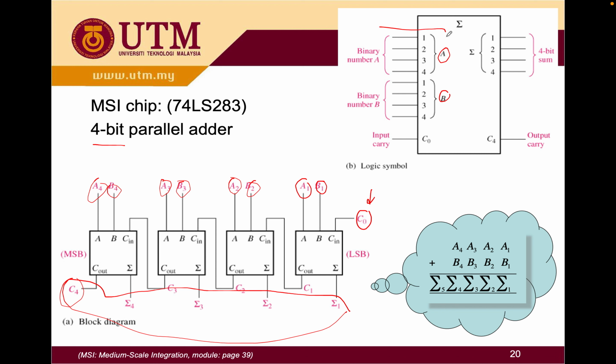So these are all the inputs for your 4-bit parallel adder. And of course, you're going to have your C0 there, the input carry. And what is your output? Your output will be this, and lastly, this one is the carry out only. So you have 4 sums there, and another one is your carry out. Then you can show it in terms of the arithmetic operation like this.